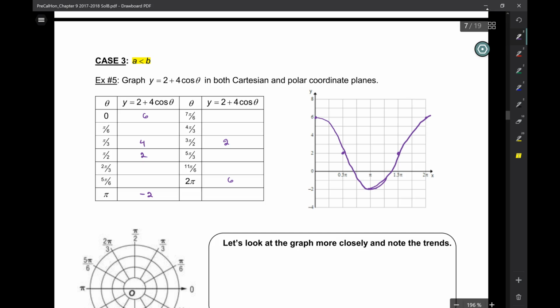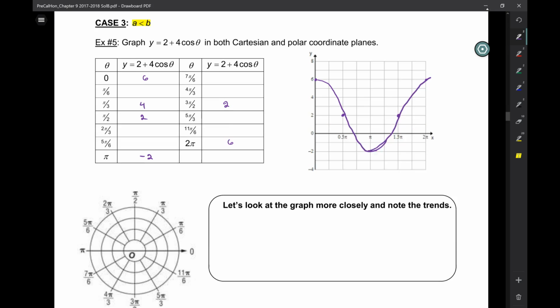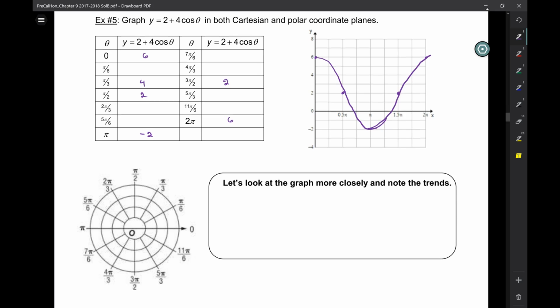Now let's try to visualize this. At theta equals 0, I have a maximum radius of 6. Then, as I approach pi over 2, the radius starts to get bigger or smaller? Smaller, until pi. Well, it's 0 before pi, and then at that point, somewhere here, the radius is a negative number.